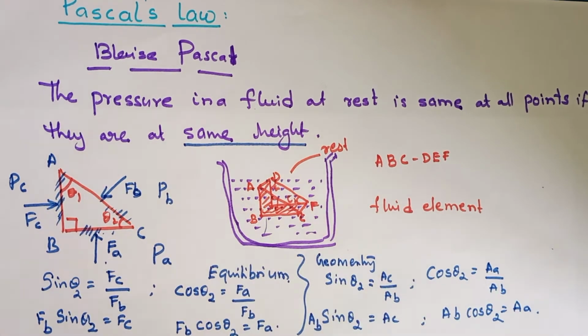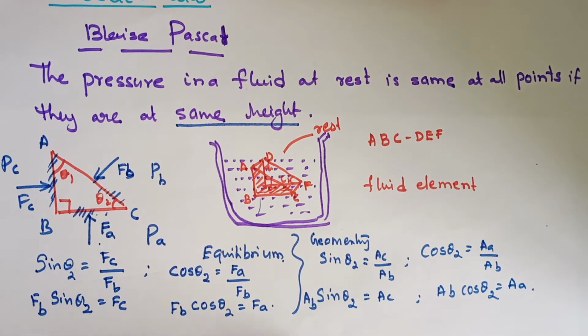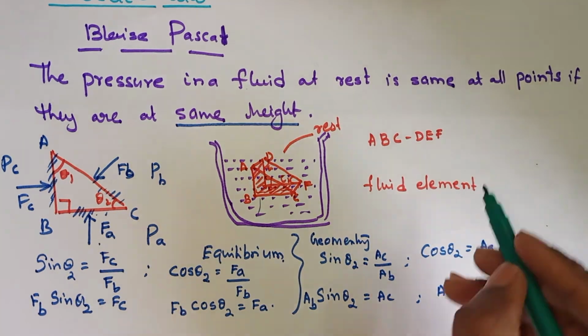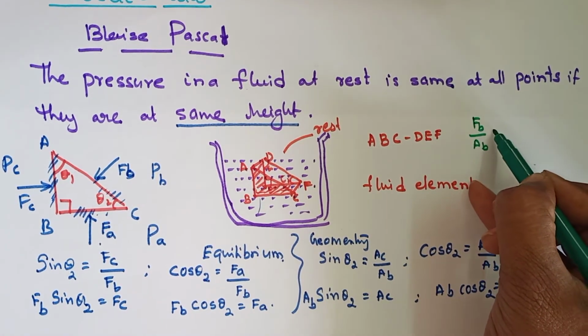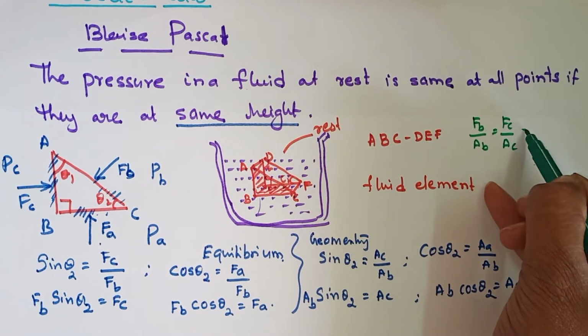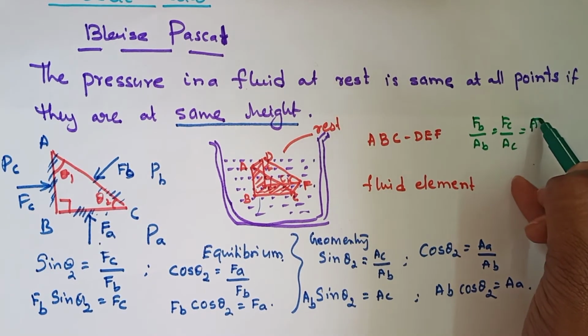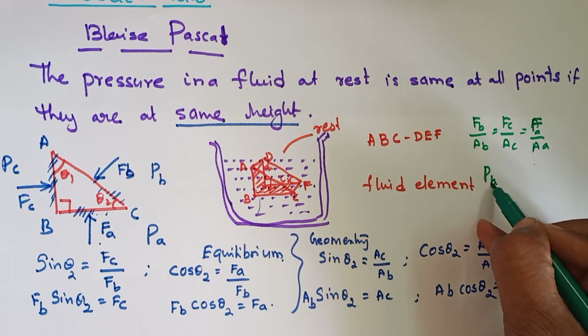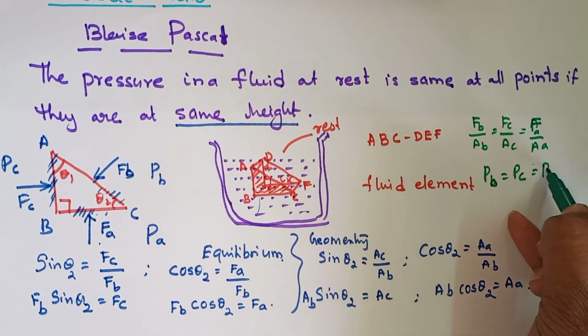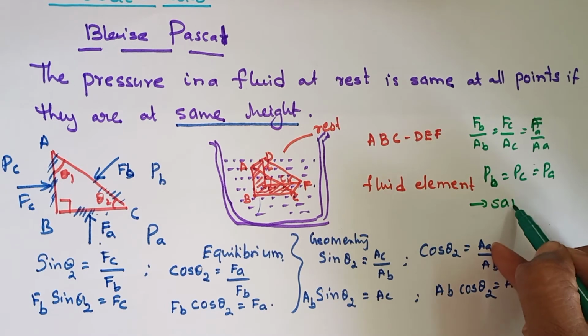So this is a simple geometrical analysis where you can easily understand the pressure exerted is the same, because if you divide it, what will you get? From the definition, FB by AB, FC by AC, FA by AA, which is equal to PB, which is equal to PC, is equal to PA, are the same.